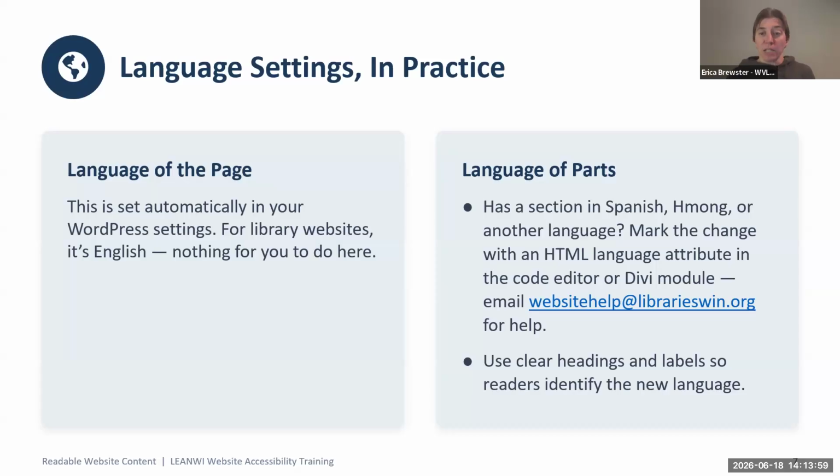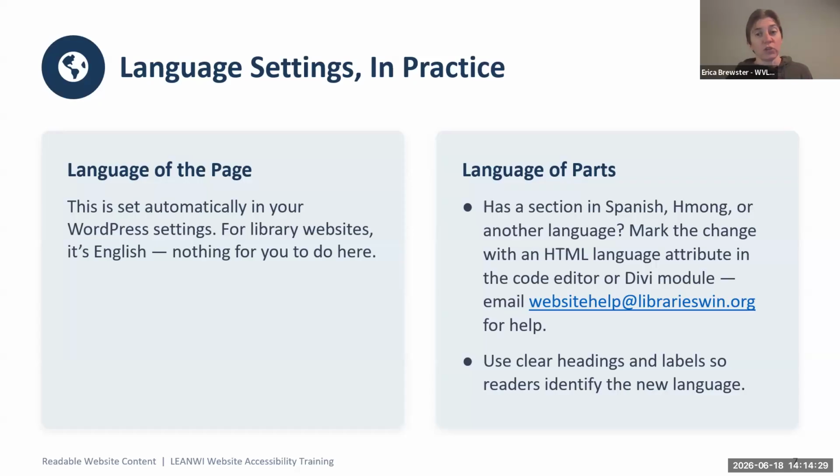If you have a module, a section, or a web page that is in another language, we really need to mark that with an HTML or Divi module attribute. If you need help with that, either because you're only going to do it for a very small section, or because you need to learn how to do it since you're going to be doing it regularly, do contact us, because we can show you how to set that language attribute for pages or sections of pages.